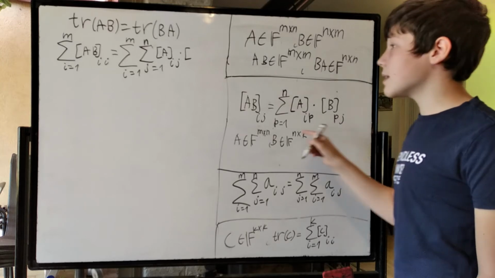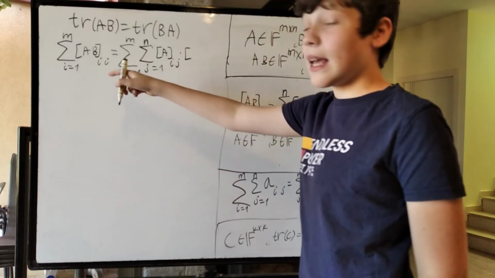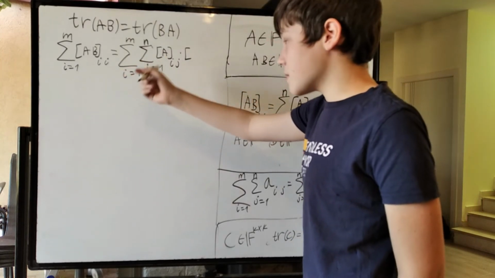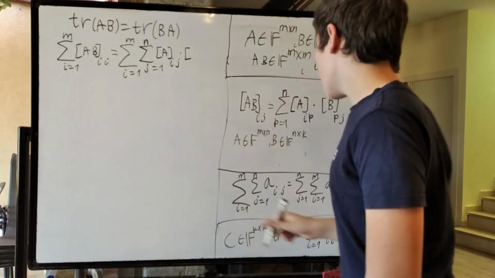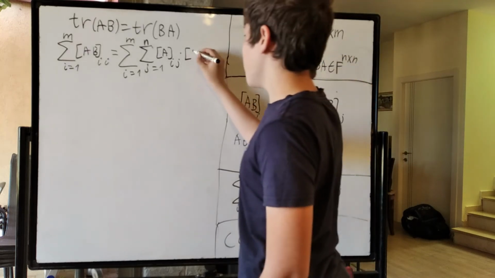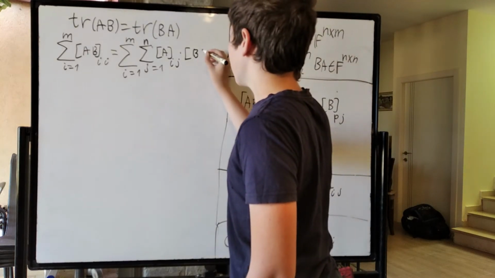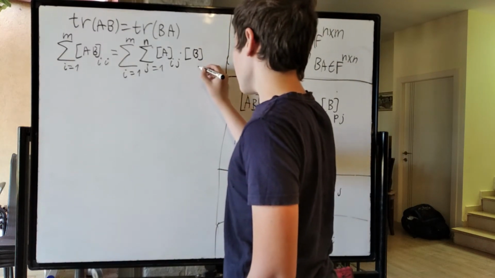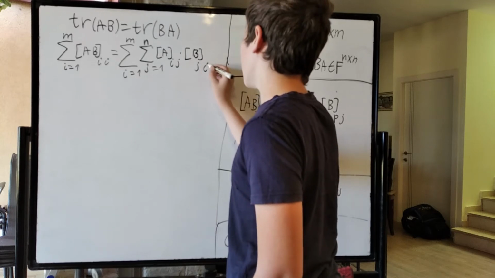But j here is i, again, because we're looking at the term in row i, column i. So j here is i. So this is B in row j, column i.